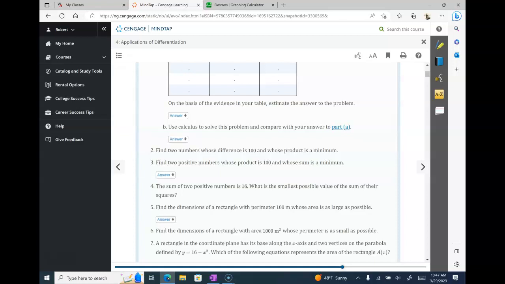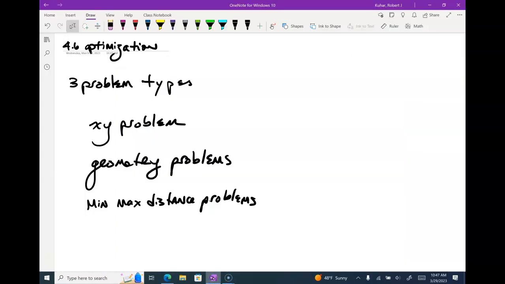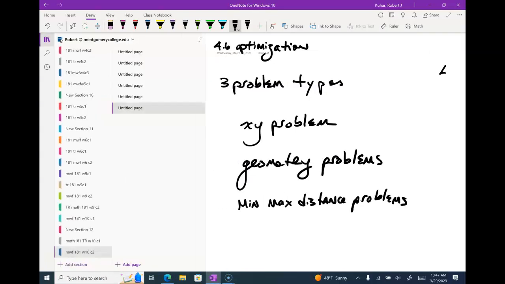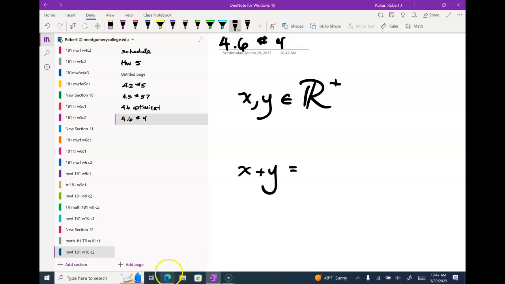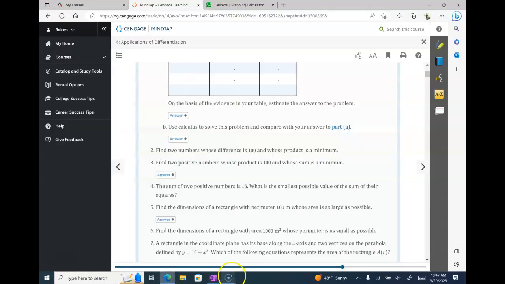So the sum of two positive numbers is 16. This is my xy problem, 4.6, number 4. So x and y belong to the positive real numbers, and I know that x plus y is equal to 16.